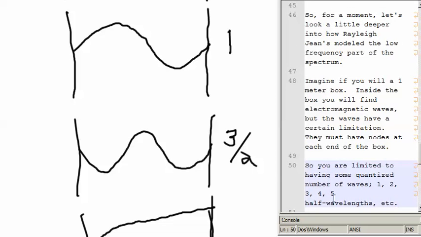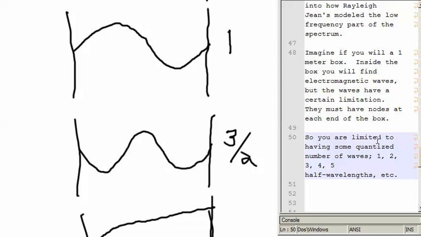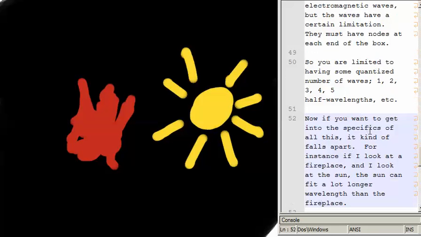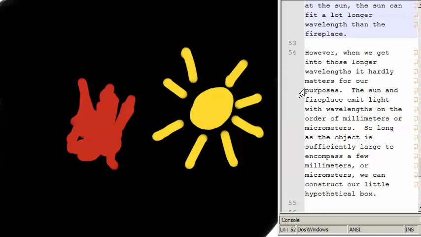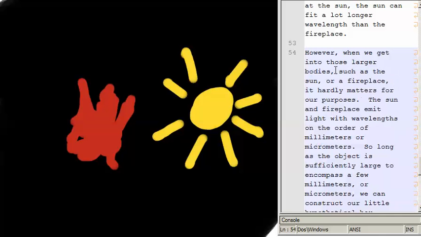So you're limited to having some quantized number of waves, 1, 2, 3, 4, 5 half wavelengths, etc. Now, if you want to get into the specifics of this, it kind of falls apart. For instance, if I look at a fireplace and the sun, they could fit a lot longer wavelengths. However, when we get into these longer wavelengths or larger bodies, such as the sun or a fireplace, it hardly matters for our purposes.